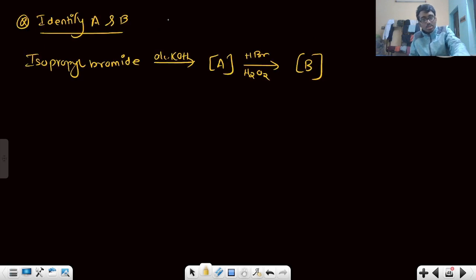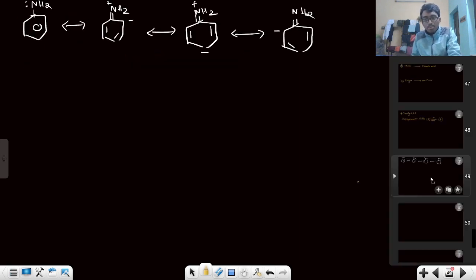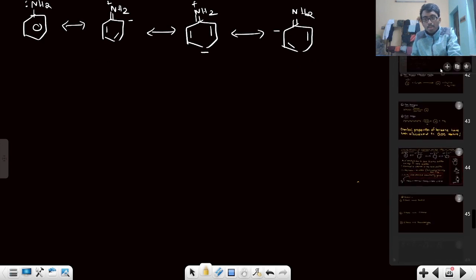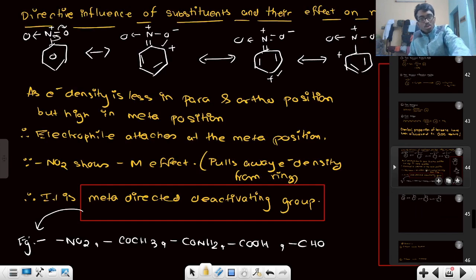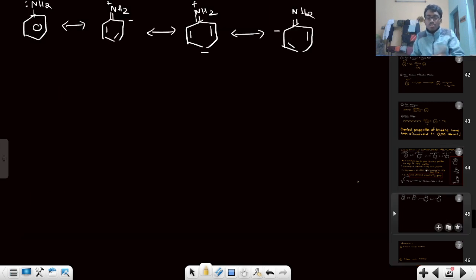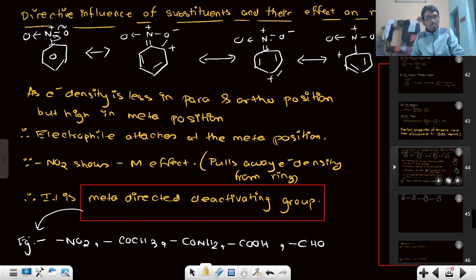Here, this was ortho para less electron density. Here ortho para is more electron density. So this will be ortho para directed activating group. This was minus M effect, this is plus M effect. Clear or not clear?